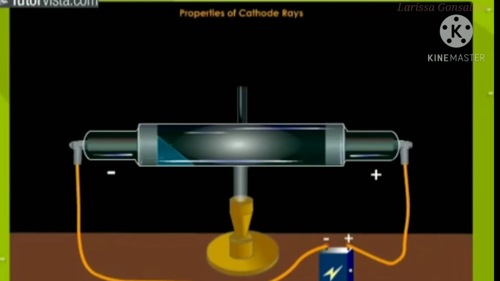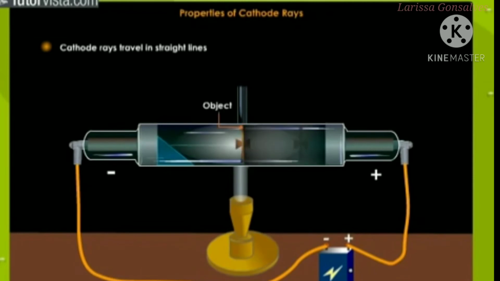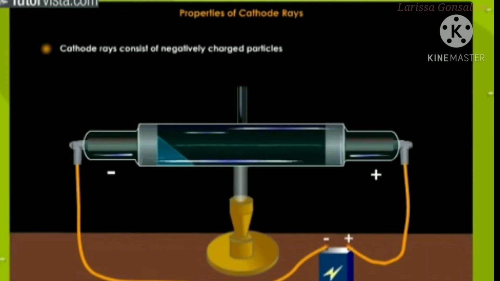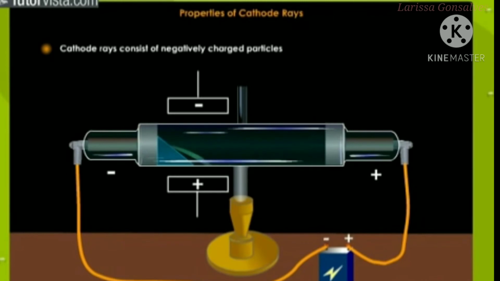Properties of cathode rays. Cathode rays travel in straight lines. When an opaque object is placed in the path of the cathode rays, a shadow is cast on the glass wall opposite to the cathode. This shows that cathode rays travel in straight lines. Cathode rays consist of negatively charged particles. The rays deflect towards the positive plate when the tube is exposed to an electric field.